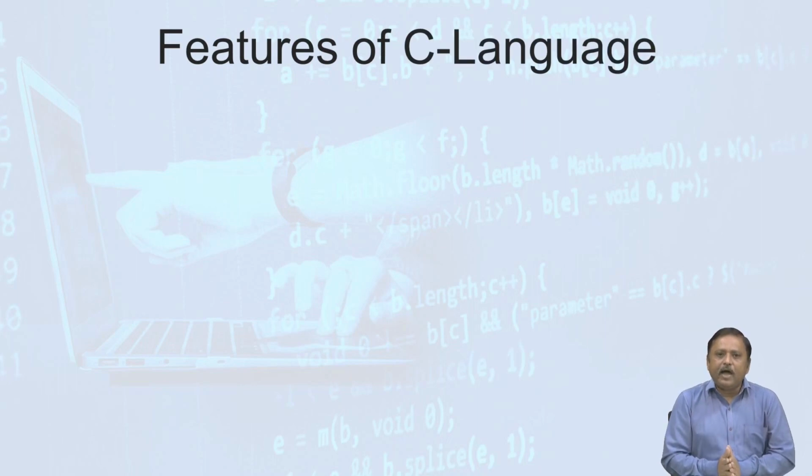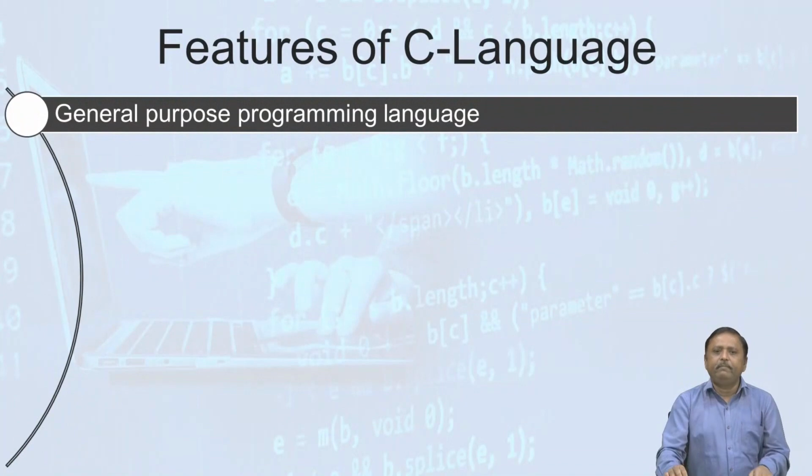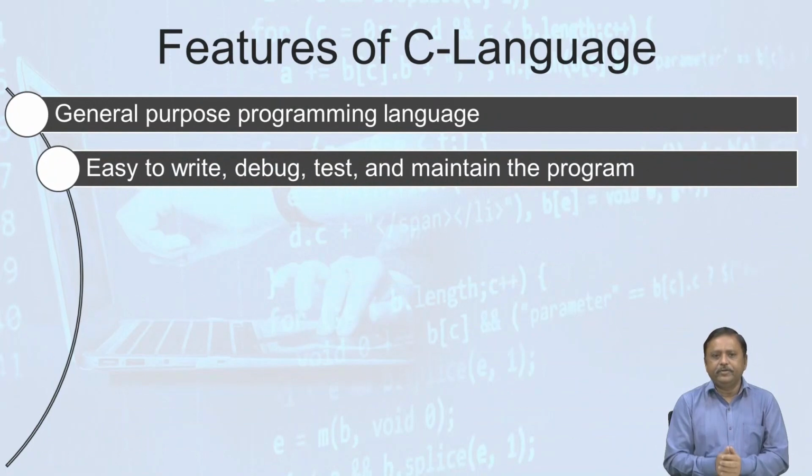Now let us try to understand important features of C language that makes it versatile and popular. First of all, as we discussed earlier, it is general purpose programming language. That means you can write all kind of programs in C language. Second, programs are easy to write, debug, test and maintain.